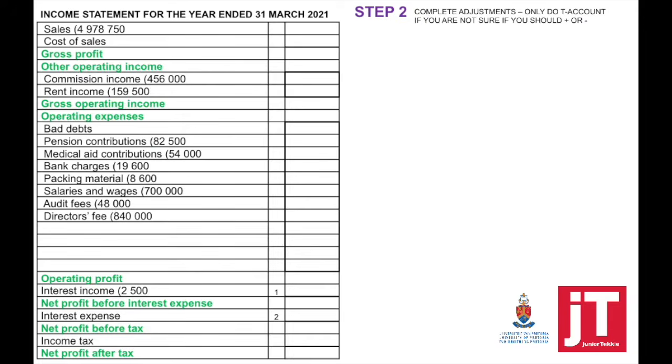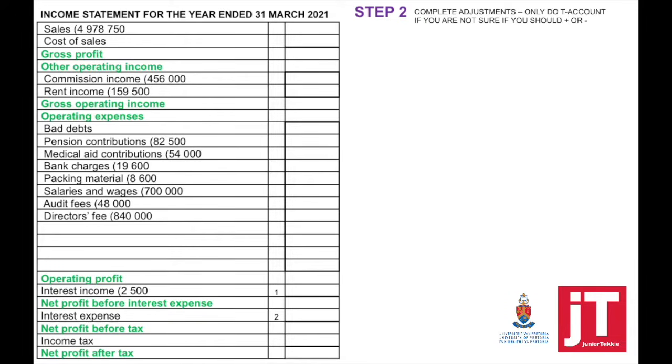Once we've completed step number 1, we are now going to go to step number 2, completing the adjustments. Only do a T account if you are not sure, should I plus or should I minus? Sometimes also doing a T account will get you to the answer much quicker and easier. Use it as a tool if you are not sure.